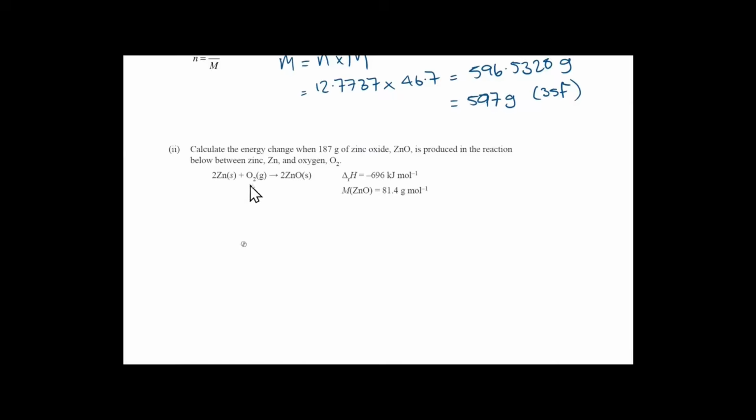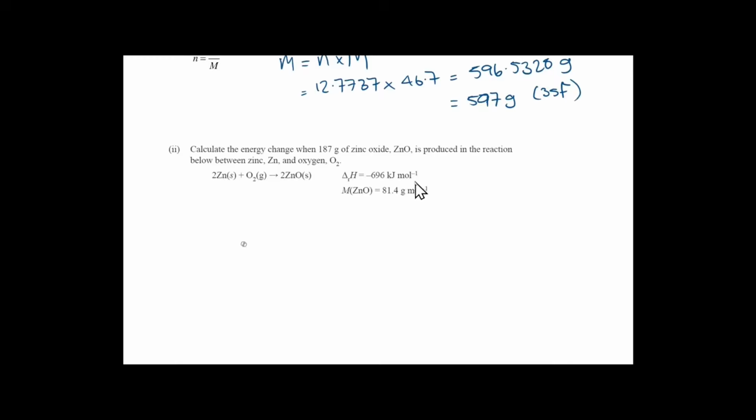So 2 zinc solid, O2 gas, 2 zinc oxide solid. Okay, maybe it's not a combustion, but a similar reaction, and it gives off 696 kilojoules per mole, and the molar mass is 81.4 grams per mole.